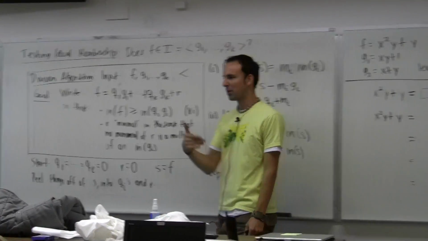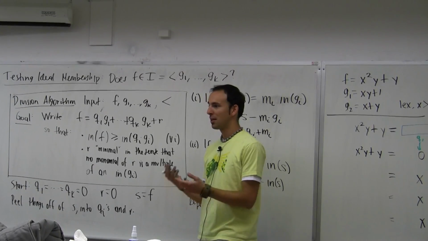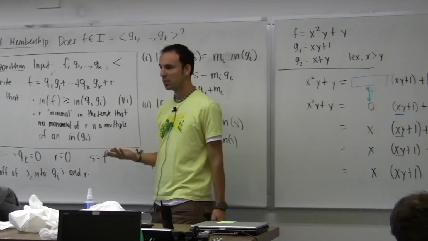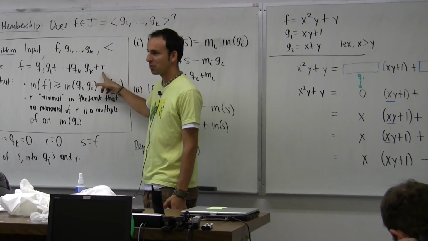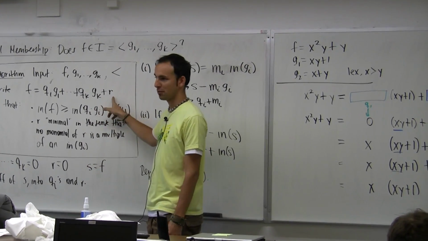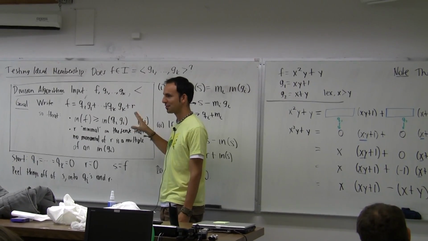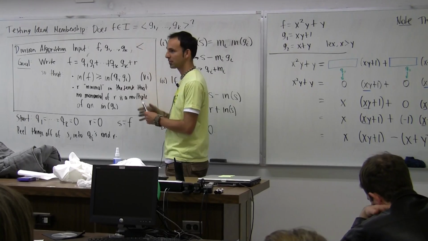That's what we would imagine given what we know about the other case. But the problem here is that R is not unique, right? So it might be that you do this, and you get some answer for R, and it's not 0. But if you did it in a different way, you got R equals 0. And that should worry you, because that means that this is not really a bulletproof method for deciding this question.